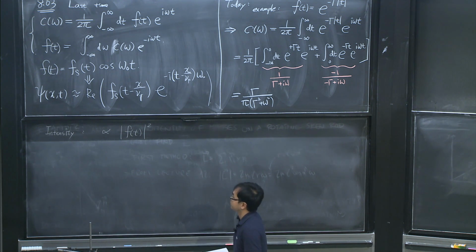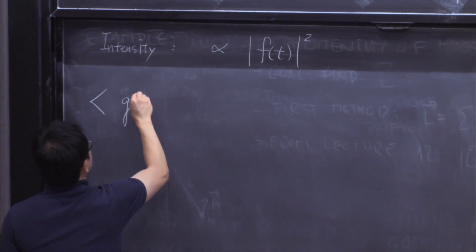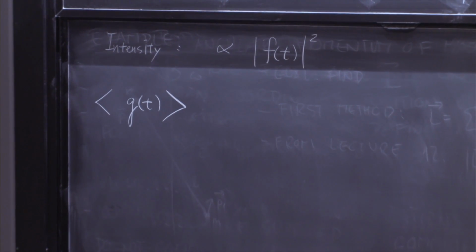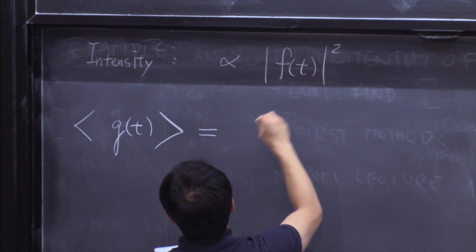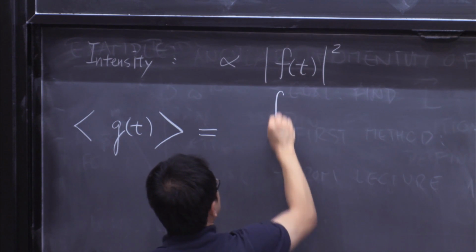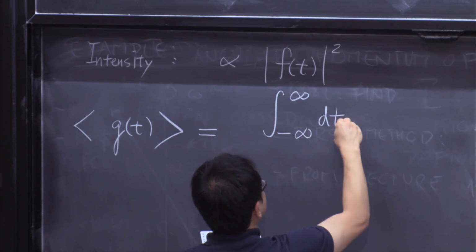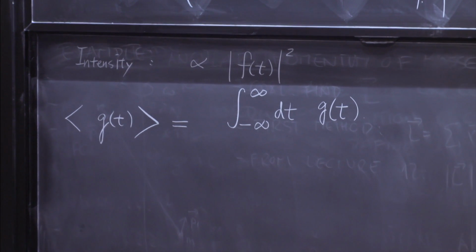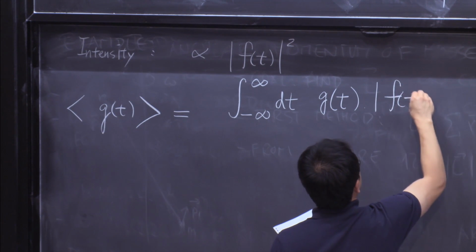And then once we have the definition of intensity, I can now calculate the average of some arbitrary function. For example, I can calculate the average of the g function. In this definition of intensity, to calculate the average we integrate from minus infinity to infinity over t, with the g function put there, and all the components weighted by this intensity estimator, which is f of t squared.